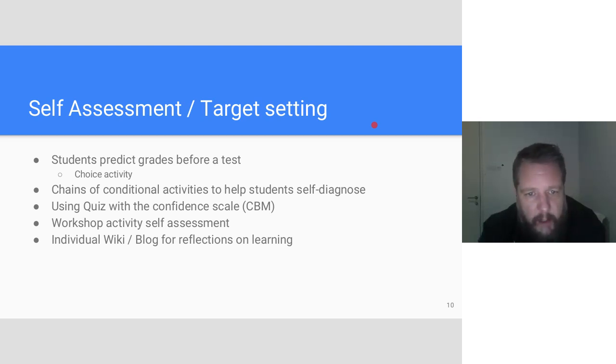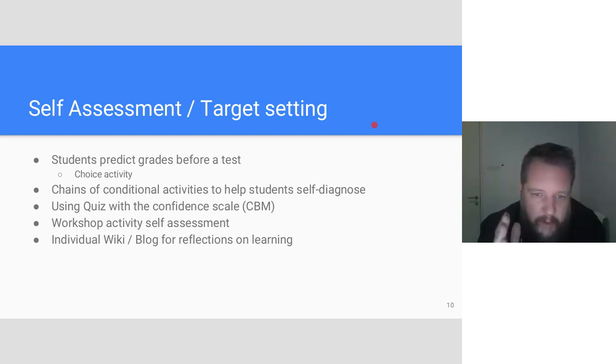The confidence-based marking option in the quiz is something I'd definitely recommend exploring. Not for every single quiz, because I think it could get a little bit overkill. For those of you that haven't used it or seen it, along with putting their answers, the students have to give a confidence rating.